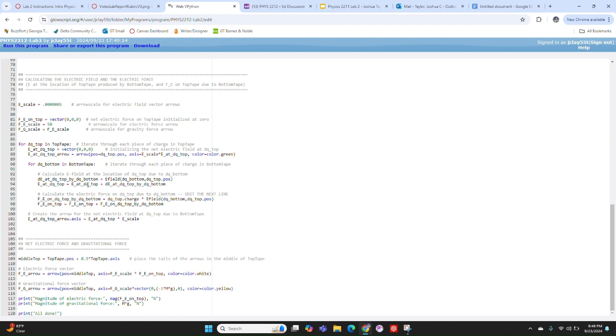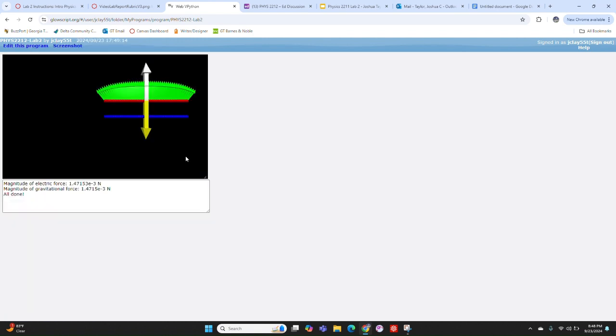And this is all the code to create this model. In blue, we have tape A below tape B in red, and we see in green all of the individual electric forces exerted by tape A on tape B. In white, we see the net electric force, and in yellow, we see the net gravitational force.